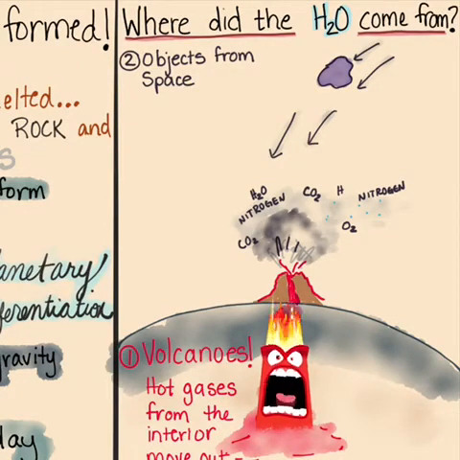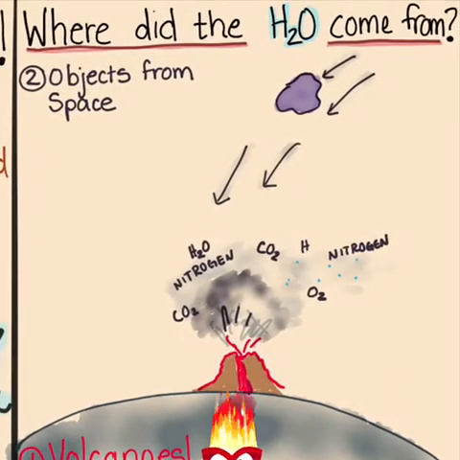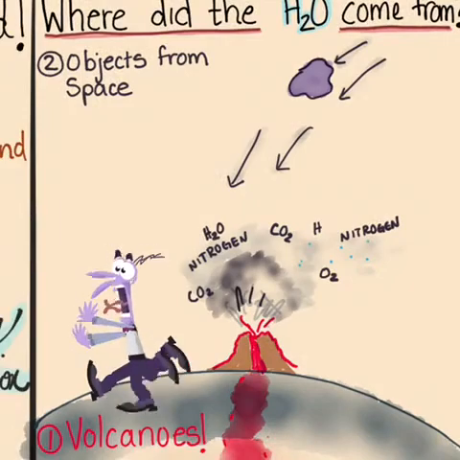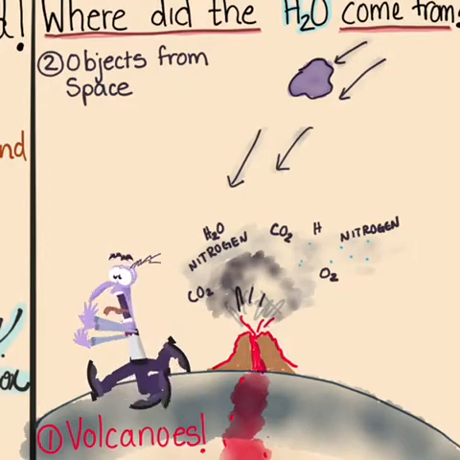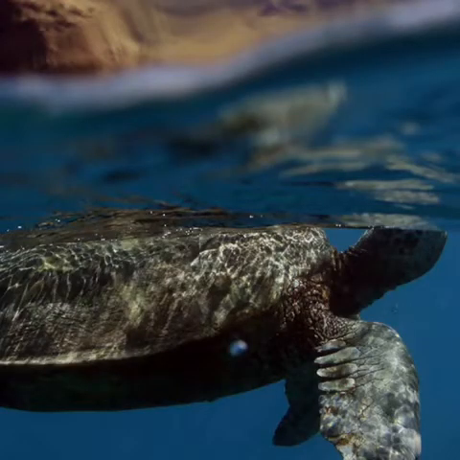And so as the materials move around and the gases get released, they get spewed up into the atmosphere, and you have everything from hydrogen and nitrogen to carbon dioxide, and that's how part of our atmosphere developed. Scientists also believe that some of the gases brought to our planet came from objects from space. So as they made impact onto our planet, they transferred some of their material. In any case, this water is what helps sustain the diversity of life on our planet, among other things.